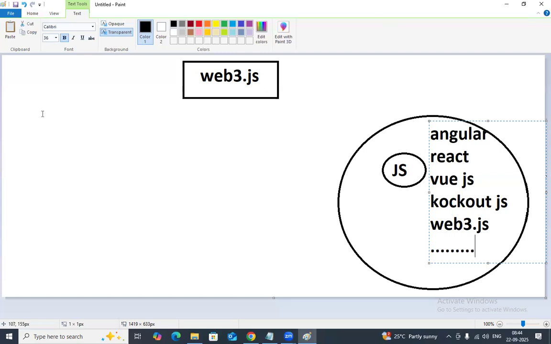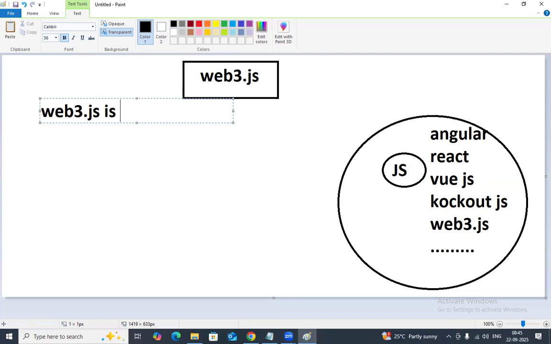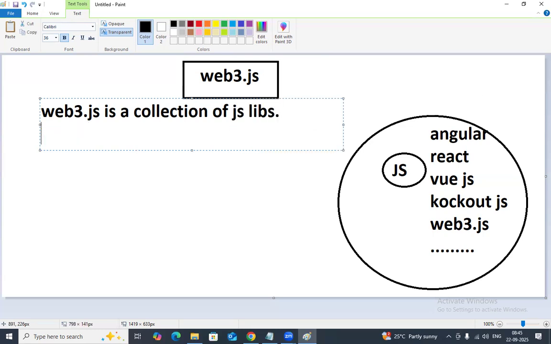Now, what is Web3.js? Web3.js is a collection of JavaScript libraries. Remember, the point is very important. Okay sir, what can Web3.js do?